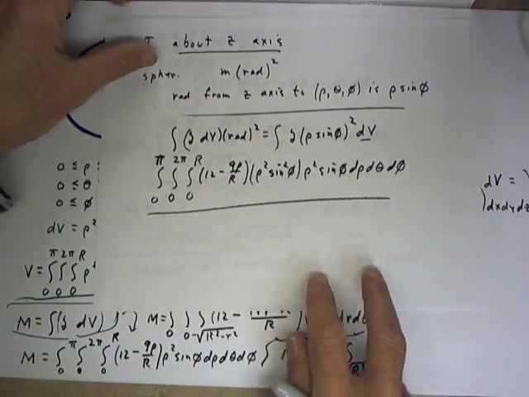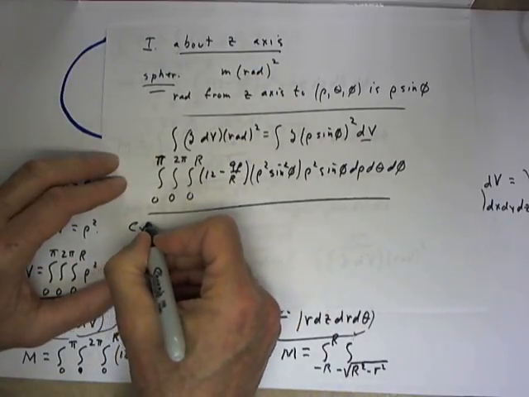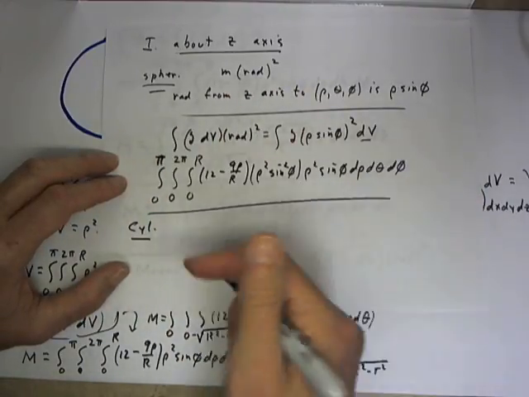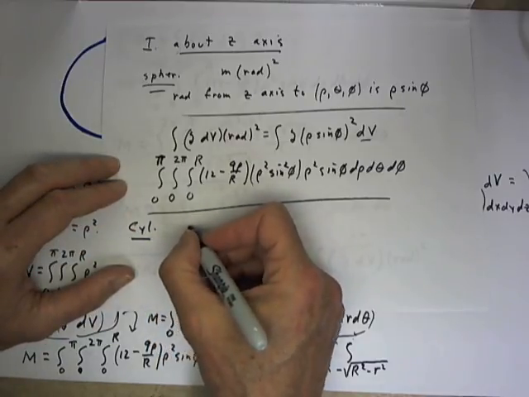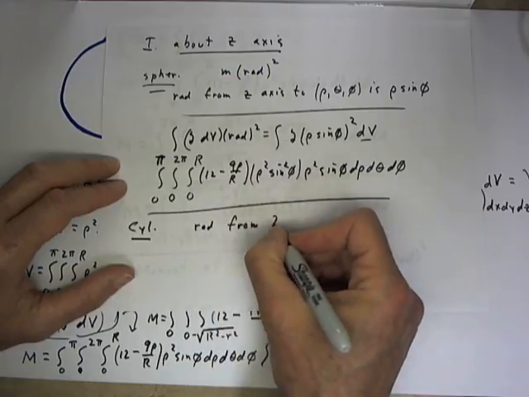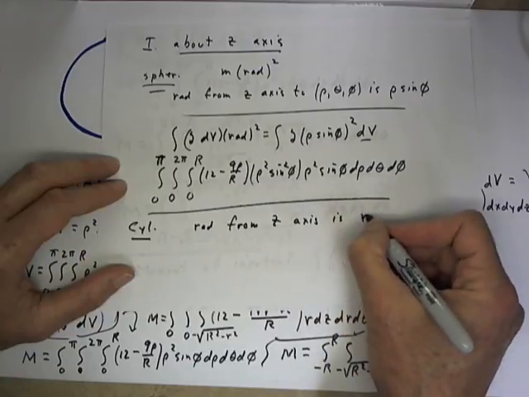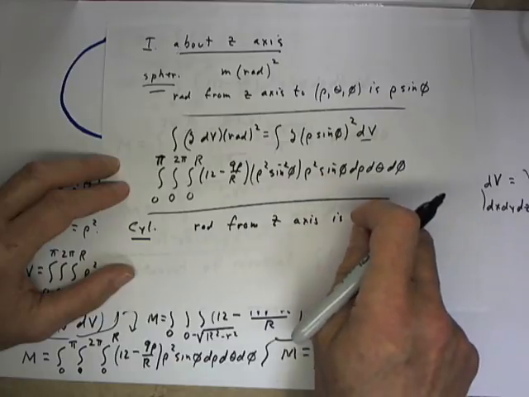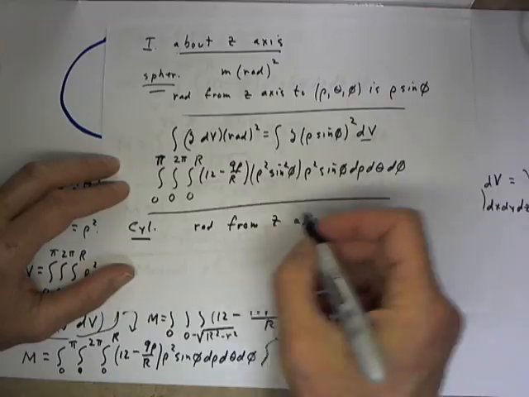If we want to do this in cylindrical coordinates, then our distance from the z-axis is just the r coordinate. Any point r theta z is at distance r from the z-axis.